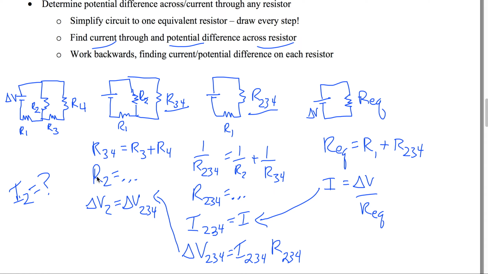Now that we have R and V for resistor 2, we can find I through number 2, which is delta V2 over R2. And that would be our answer.